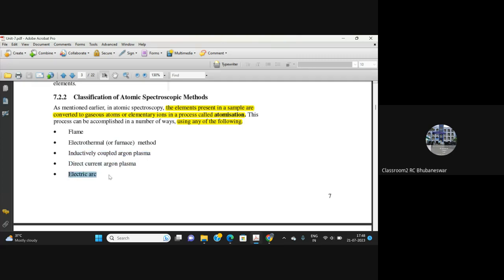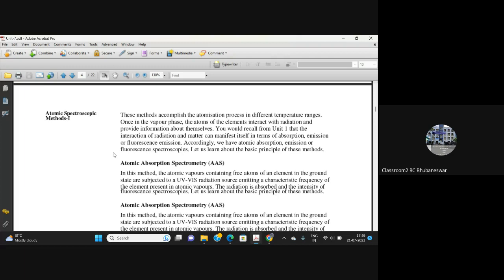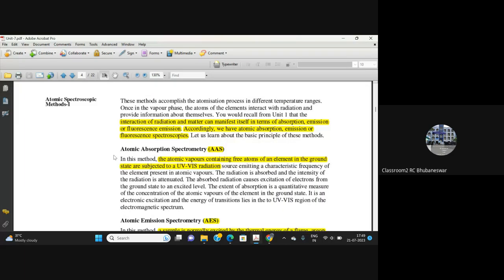So depending on your lab facilities, as well as the nature of the sample you want to study, you can do atomization by using flame, electric arc, or any plasma technique also.